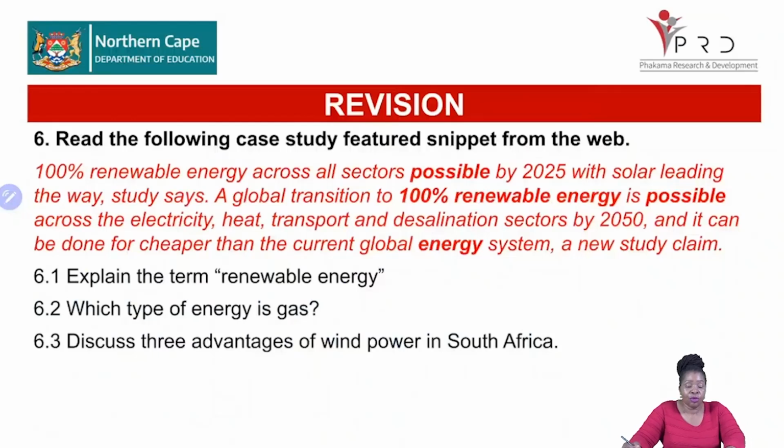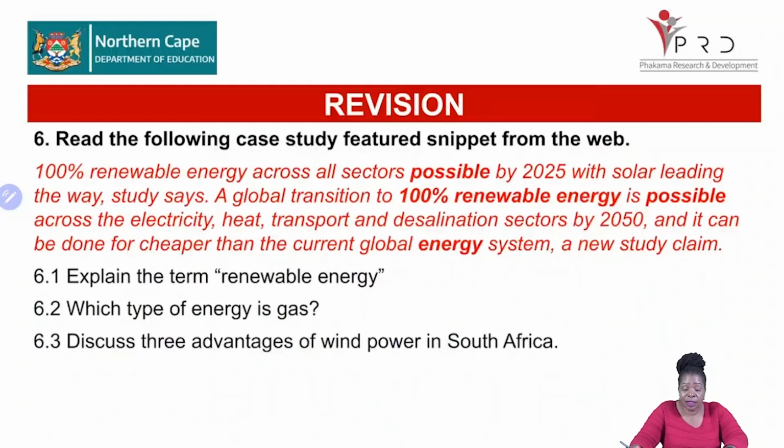And also we move on to question 6, which says read the following case study featured snippet from the verb. I'm going to read the case study for you. It says 100% renewable energy across all sectors possible by 2025, with solar leading the way, the study says.